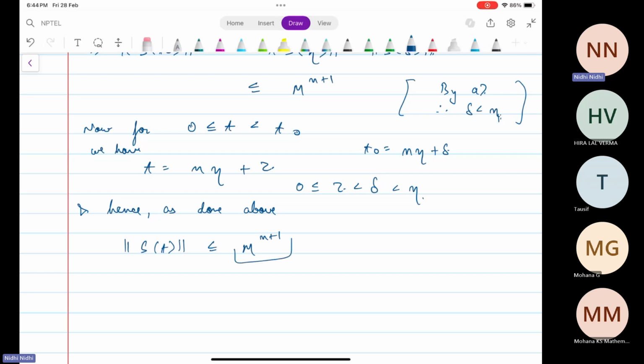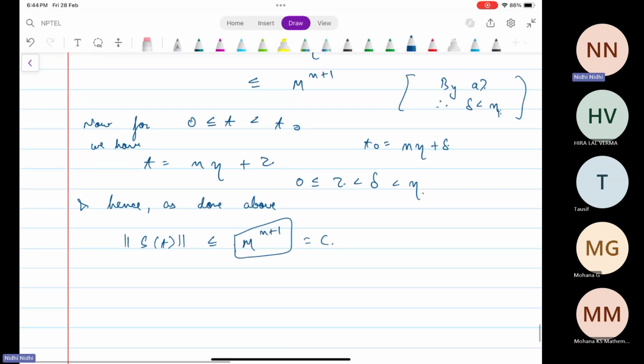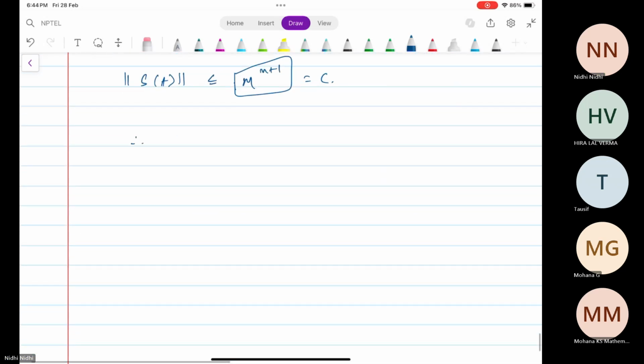So taking this M to the power n plus 1 to be equal to C, we get norm S(t) is less than or equal to C for all 0 less than or equal to t less than or equal to t naught. That's what we wanted to prove.